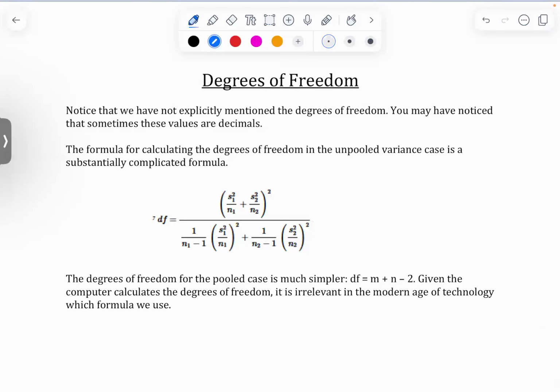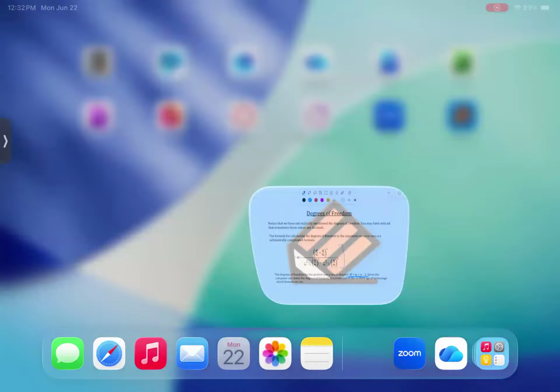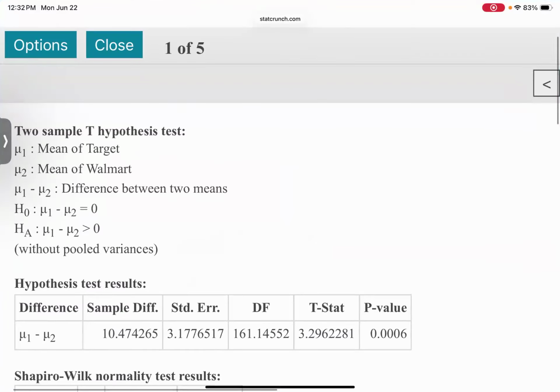It actually brings up one other interesting thing: degrees of freedom. When we started one sample means, we said degrees of freedom was sample size minus 1. Very simple concept. Now that we have two samples, it seems that the sum of the two sample sizes minus 2 would make sense. And that's basically what's happening. However, the official calculation is way more complicated. In fact, if you notice the degrees of freedom, 161.14552, it's actually a decimal.